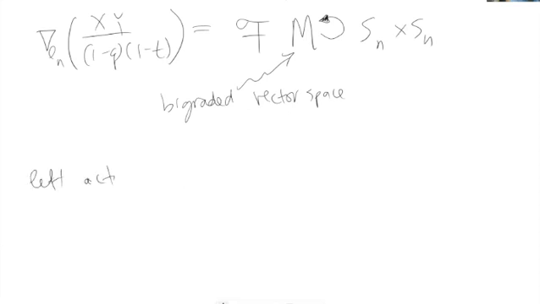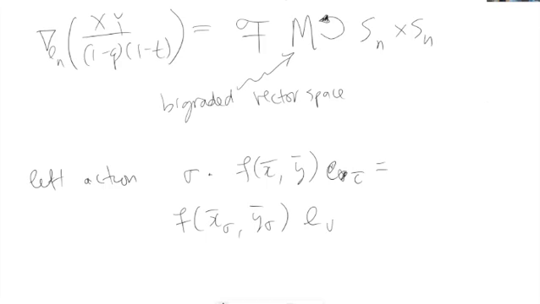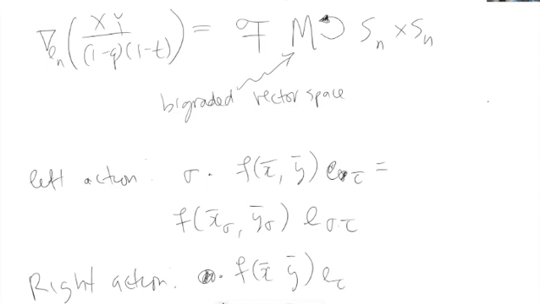Left action: tau times F(X bar, Y bar) E sigma is equal to F(X bar restricted by tau, Y bar restricted by tau) times E of tau sigma, and the right action is given by F E sigma times tau on the right, which is simply the result of multiplying tau on the right.